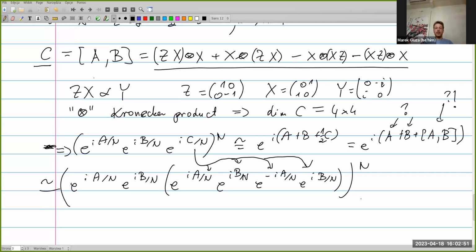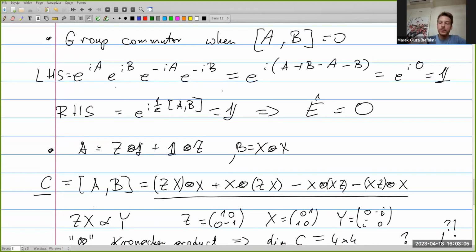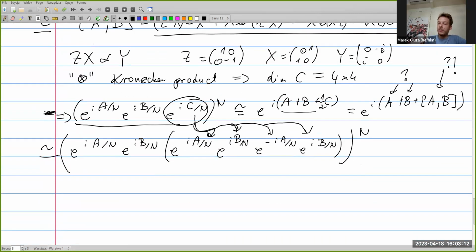So this is how one could use some compiling step. If this would be our target evolution, we wouldn't be doing this because we don't have access to this, but we get access to this through this group commutator formula. That's our group commutator formula here. Okay. So, and why is this important? Because I wanted to have something here like that.